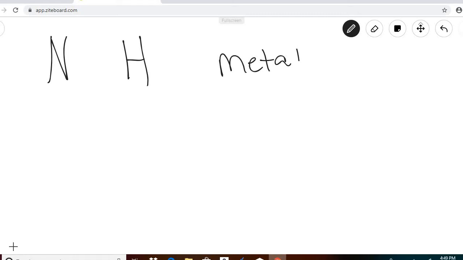Okay, number 23 says nitrogen and hydrogen react to form a compound. Is it an ionic compound? So we know that an ionic compound forms between a metal and a non-metal.